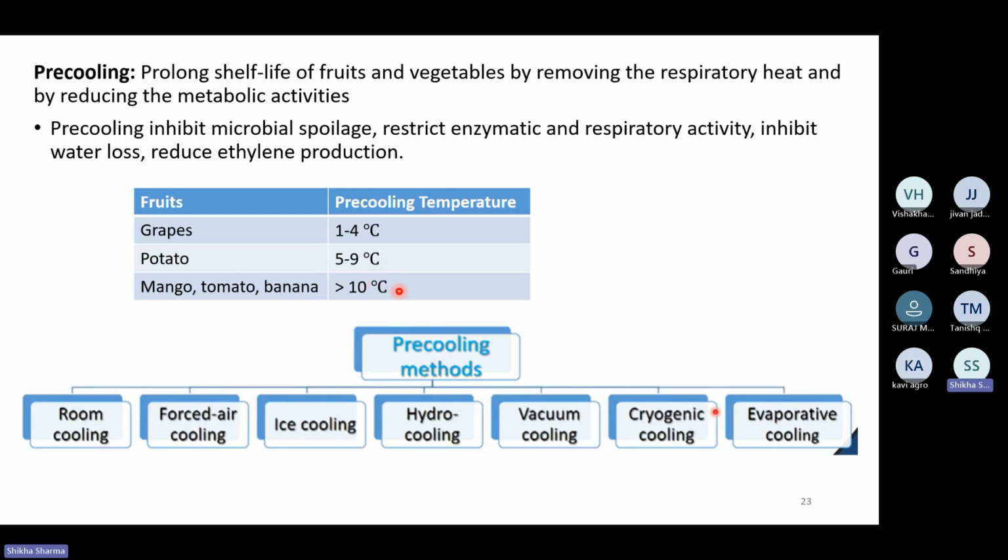Mango, tomato, and banana have greater than 10 degrees Celsius. And there are different methods for pre-cooling, like room cooling, forced air cooling, ice cooling, hydro cooling, vacuum cooling, cryogenic cooling, and evaporative cooling.